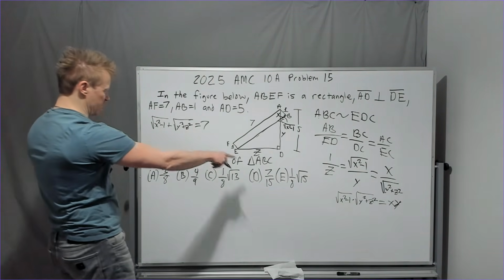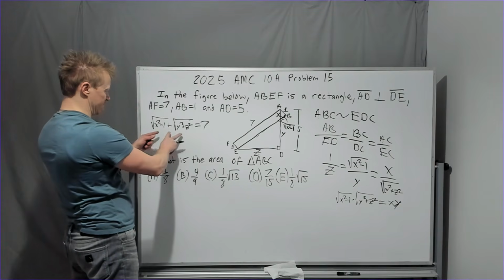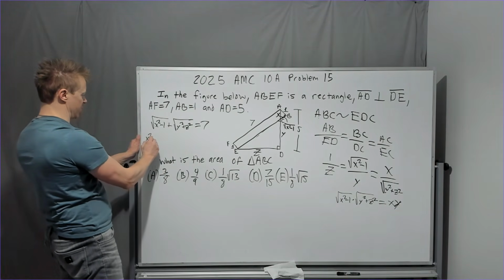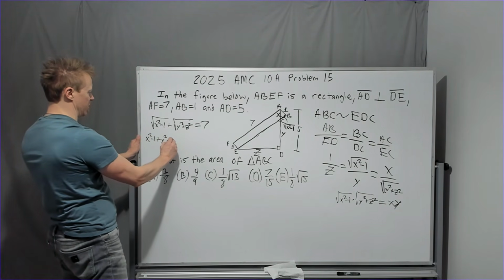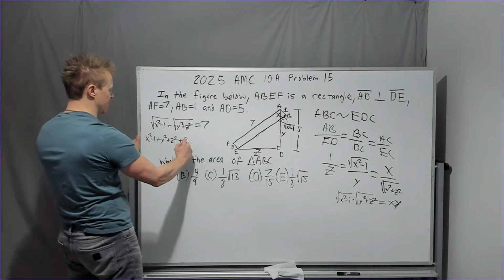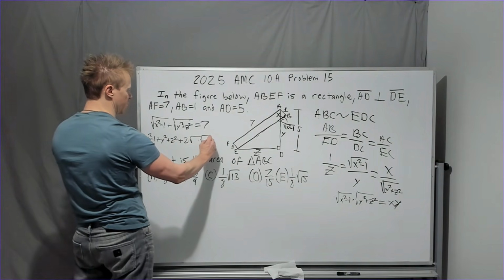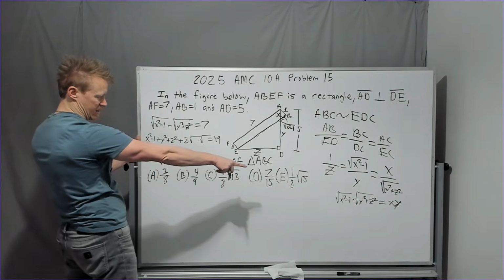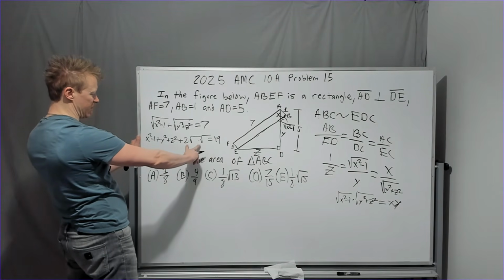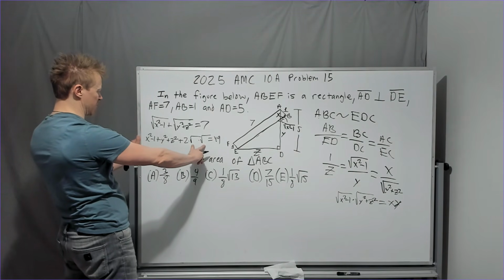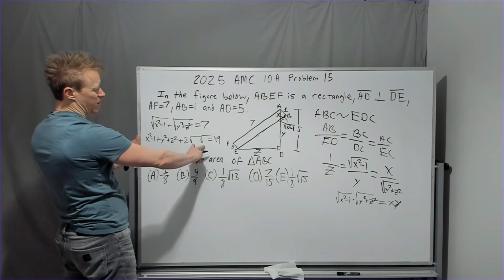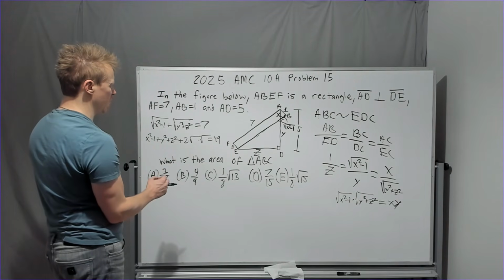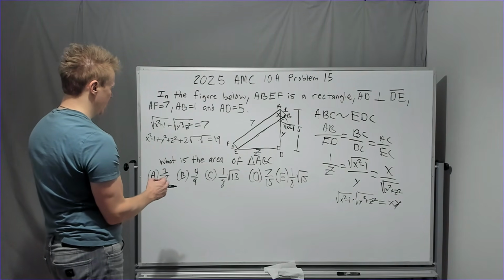If you square this, you'll get a copy. So you get x squared minus 1 plus y squared plus z squared plus 2 times the 2 square roots equals 49. You could drop those in here and get 2xy. But I really don't know what else you have from there.